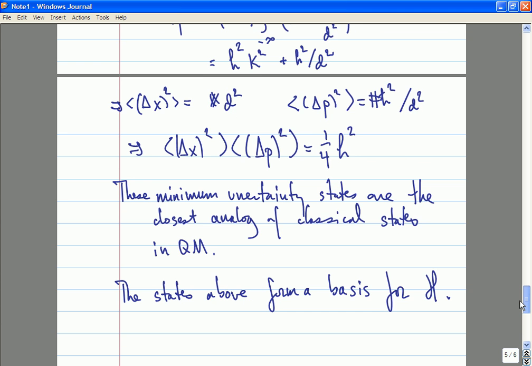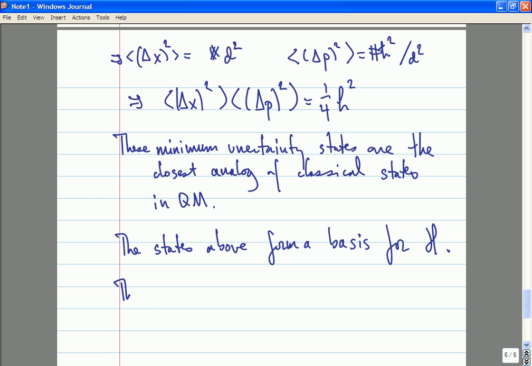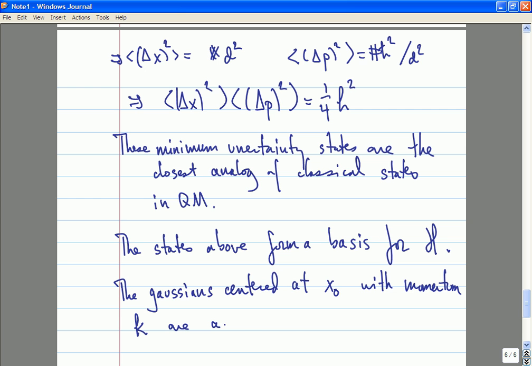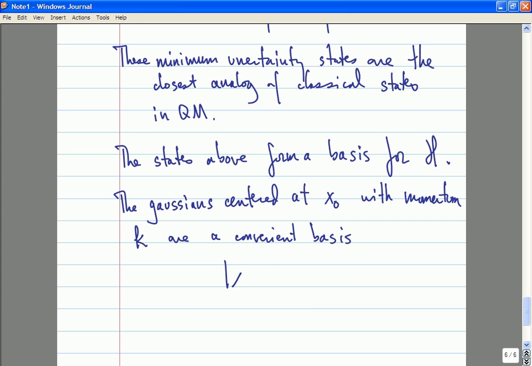So the Gaussians centered at x naught with momentum k are a convenient basis, and one could call those states x naught and k.